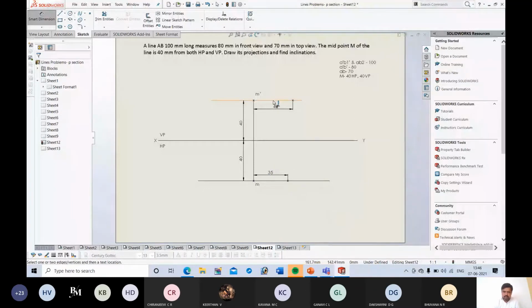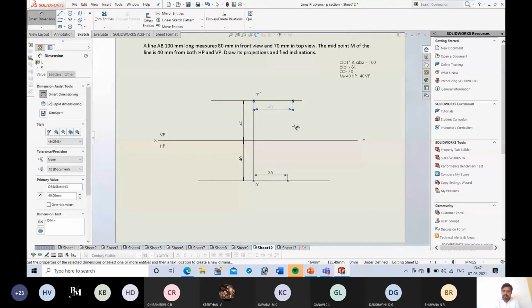If I rotate the view and make it parallel, I can get the true length. If I have the length of the view, I can rotate the view, make it parallel, and project it upwards to get the true length. So initially I am marking the length of the views on the locus of the midpoint, that is M and M dash.